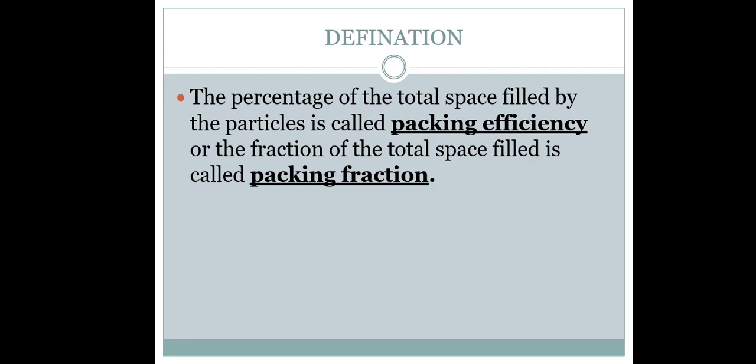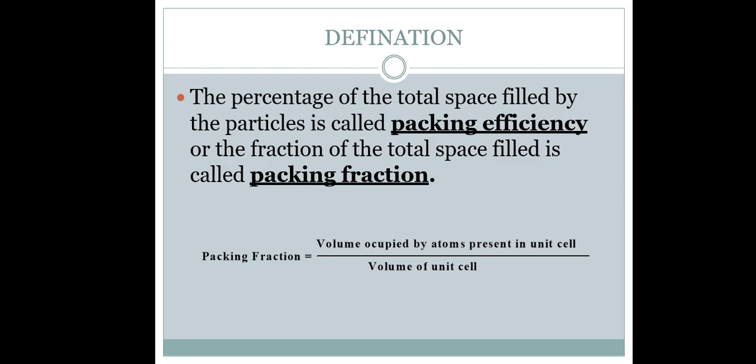The fraction of the space which is occupied is known as packing fraction, or if you talk in terms of percentage, we call it packing efficiency. So that is what we mean. How to calculate that: packing fraction will be the volume occupied by atoms present in the unit cell by the volume of the unit cell.